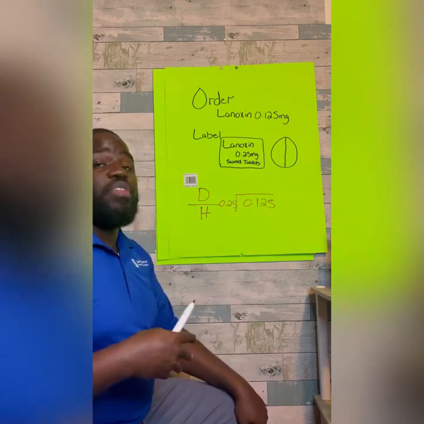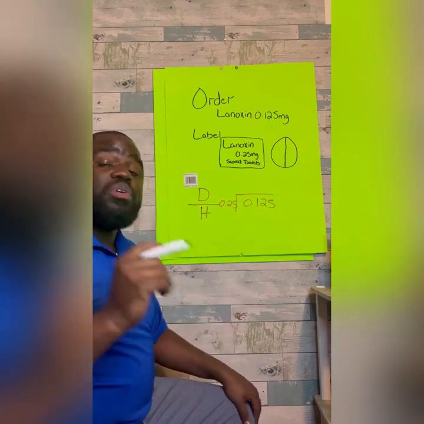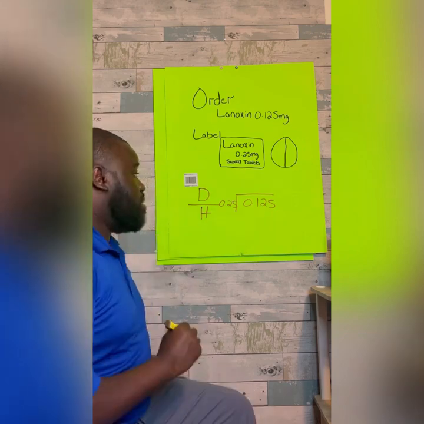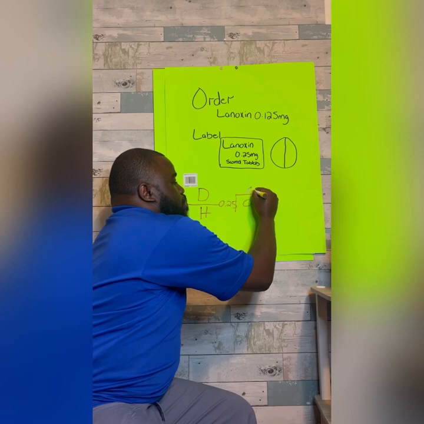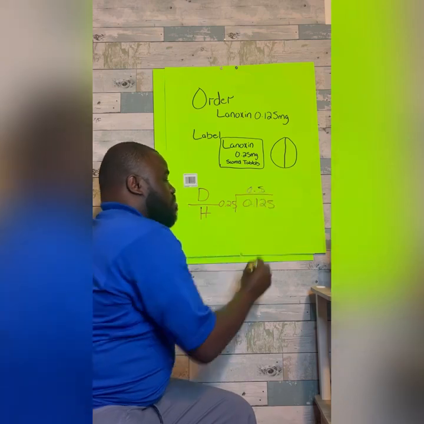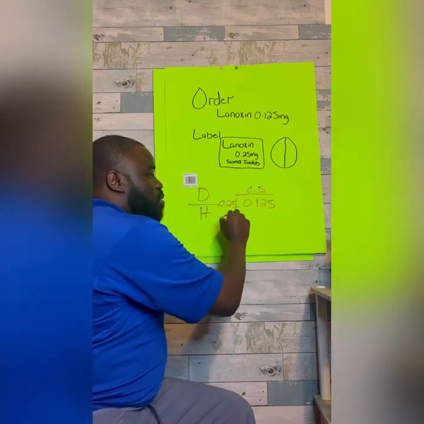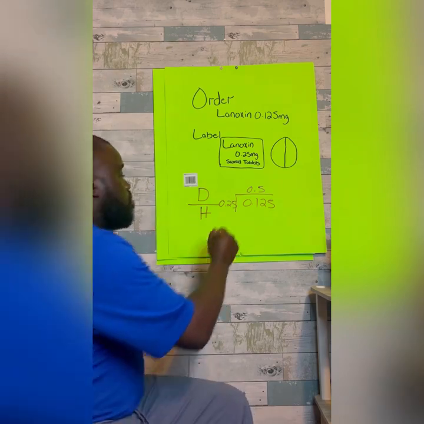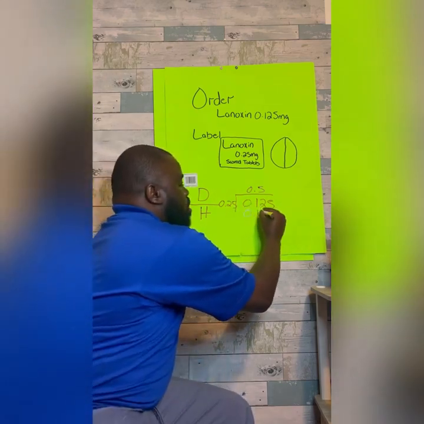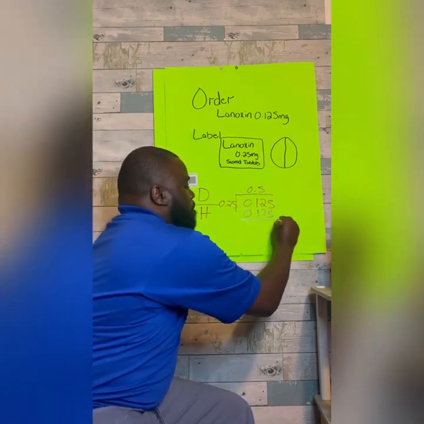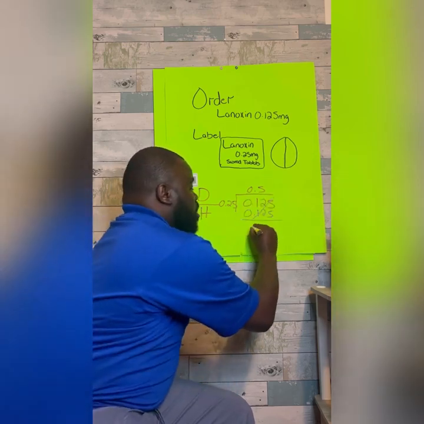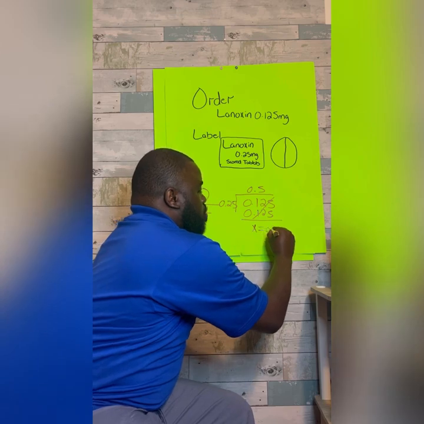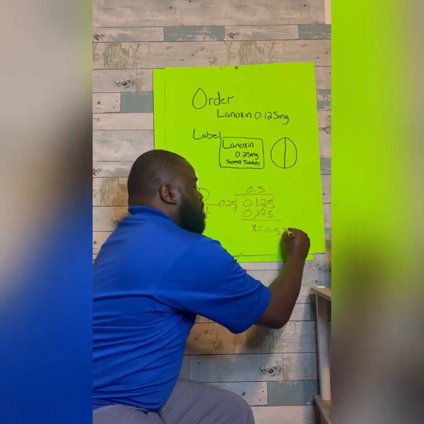By looking at it, we know that it may be half a tablet, but we want to make sure that we have it right. Okay? So we can take 0.5, all right? 0.5 times 0.25 equals 0.125. This cancels out, and we realize that our x equals 0.5 tab.